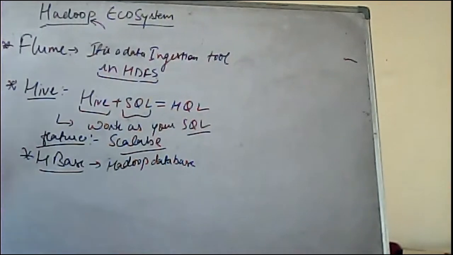We can access any type of data randomly. Okay, in your HBase concept, Hadoop database concept, we can access data randomly from a huge volume of columns.